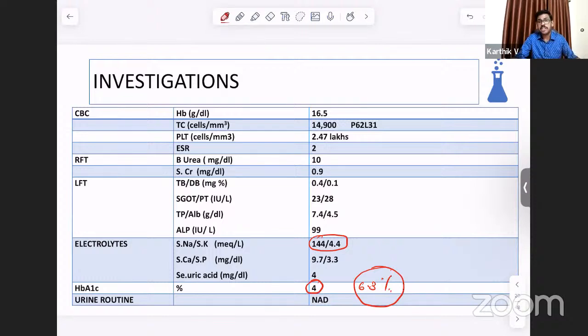But if the patient is taking some secretagogue medications, then an eGFR as much as 20 to 25 ml per minute could prolong the half-life of such drugs and can result in drug-induced hypoglycemia. So there is no established cutoff, but we usually see such episodes in stage 5 patients, especially in those undergoing hemodialysis. Okay, I hope the doubts are clear.